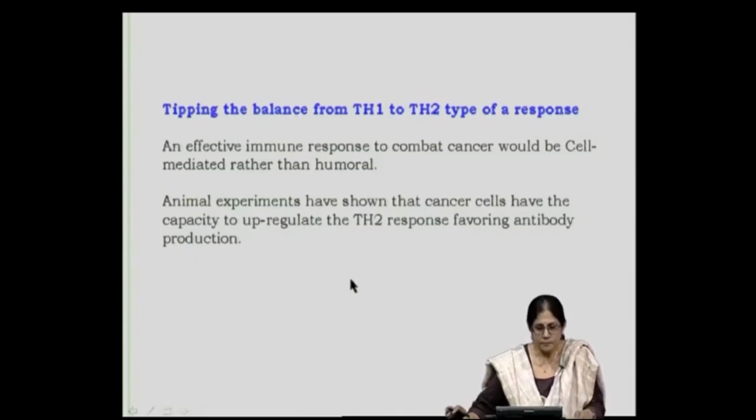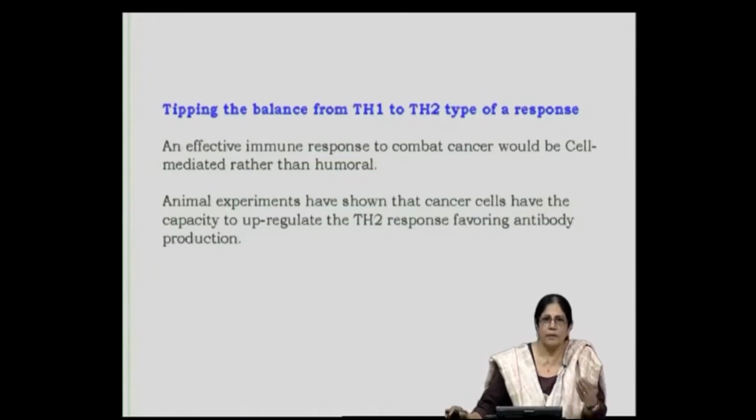Another important mechanism by which cancer cells evade the immune system is tipping the balance from Th1 to Th2 type of response. I have not lectured on the T cells, but by now you would know about the two types of helper T cells, Th1 and Th2.